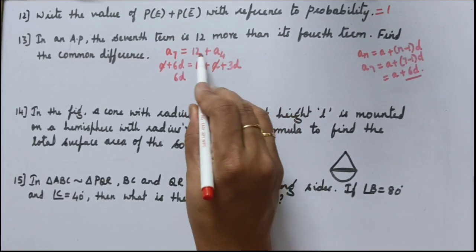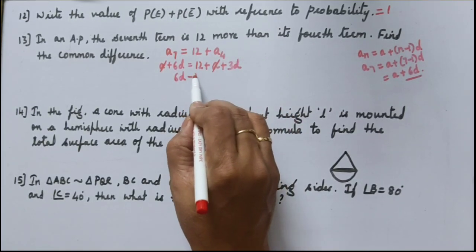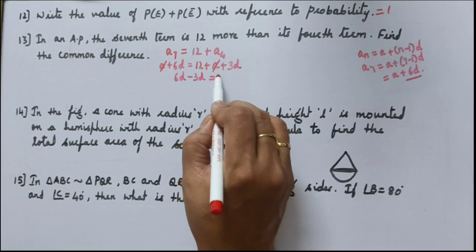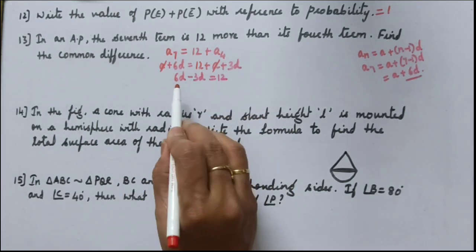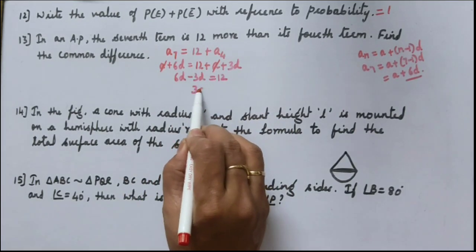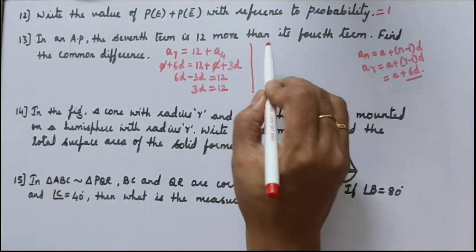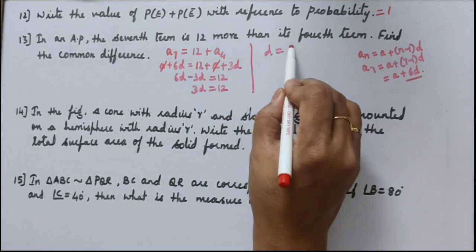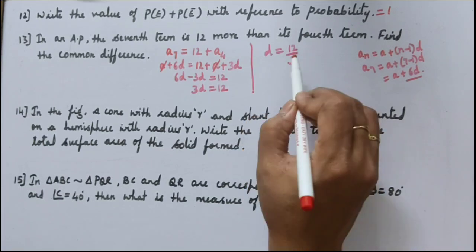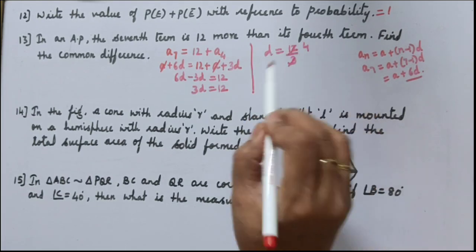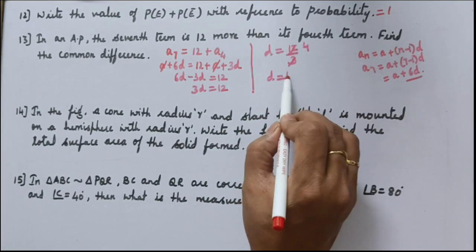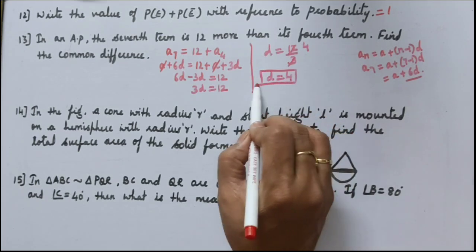We bring this 3d to the left side. 6d minus 3d is equal to 12. So this will be 3d is equal to 12. That is, d is equal to 12 upon 3. 3 fours are 12. So we got here the common difference d is equal to 4.